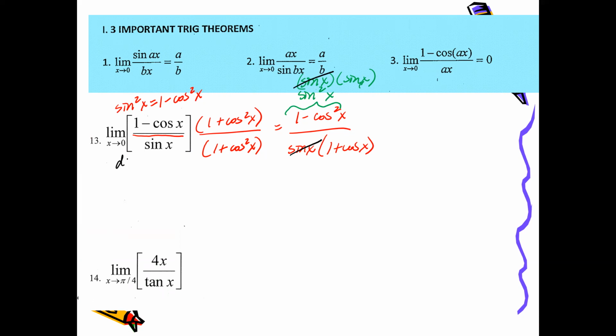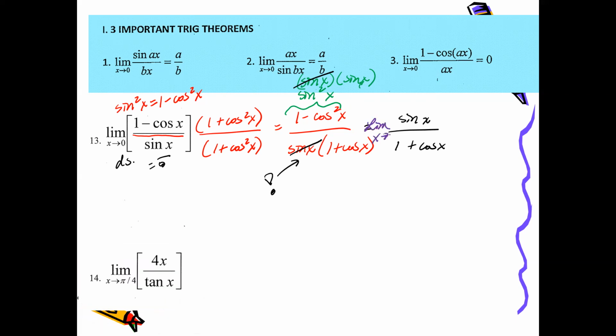Because originally, if I were to use direct substitution, I would have a 0 in the denominator, which will be undefined. So from here, what do I have left? I have sine x on top. I have a 1 plus cosine x on the bottom, which is great because the sine is really what was giving me a problem.